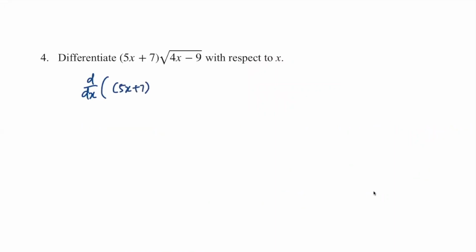So what happens here is, number one, you need to recognize that this square root is power half. So I'm just going to write it as power half immediately. And then I see two things over here with x multiplied to each other. So I differentiate using product rule.